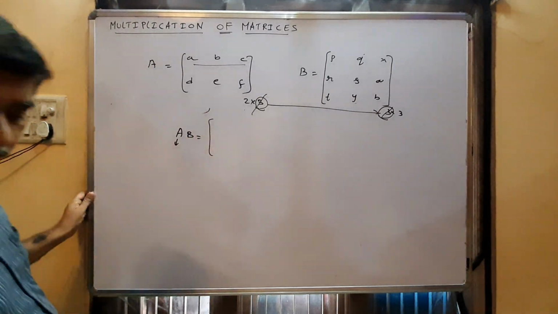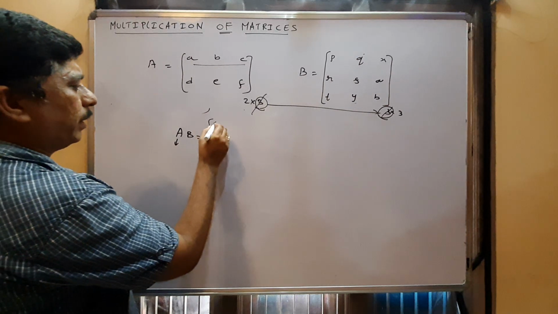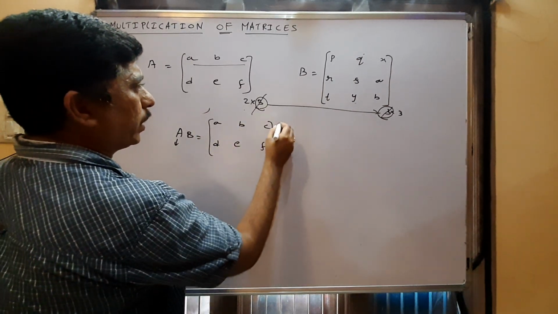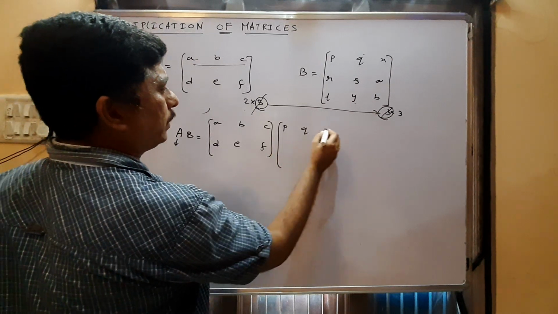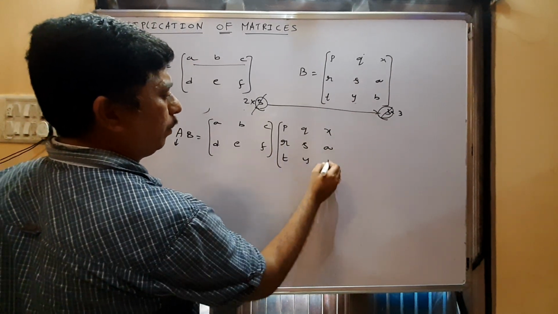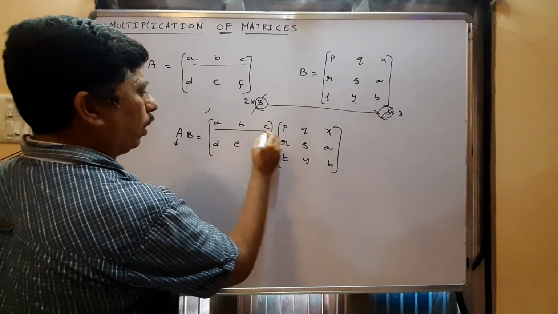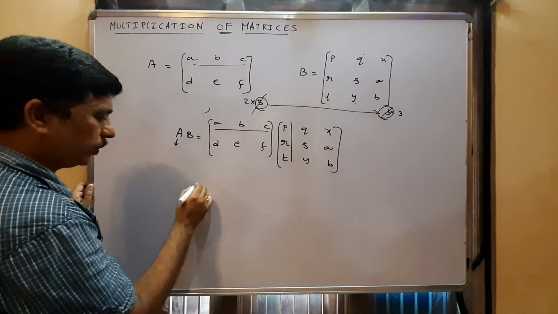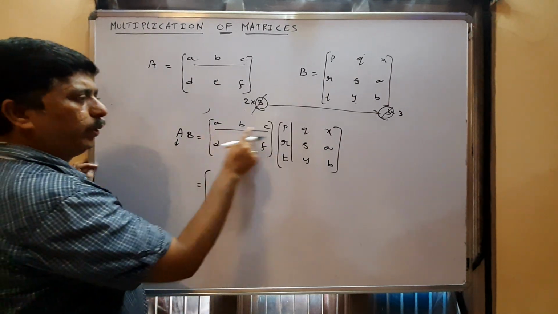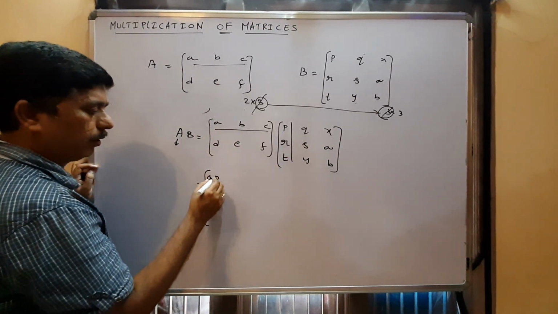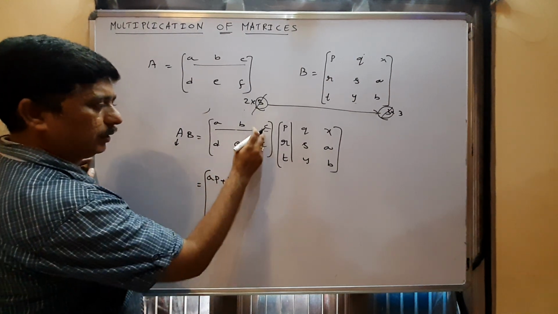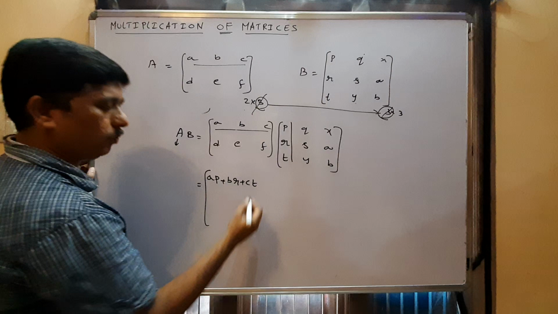See that multiplication. First matrix A: a, b, c, d, e, f. Second matrix: p, q, r, x, x, a, t, y, b. Row into column. First row into first column gives the first row first element: a into p, ap, plus b into r, br, plus c into t, ct.